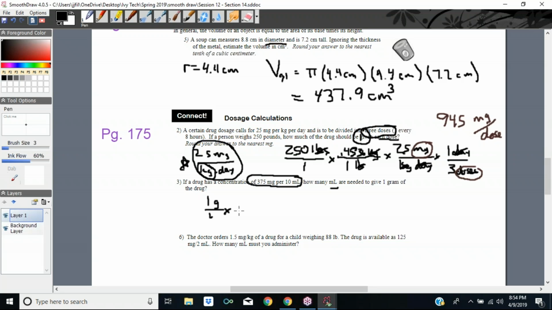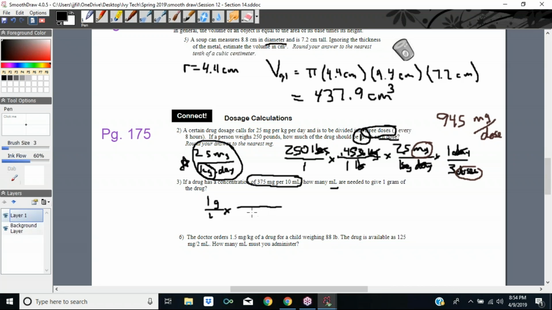So we're changing from grams to milliliters, and we do have a conversion. Where is that on the sheet? Oh, we have liters. Okay. So 1 gram we'll start with.